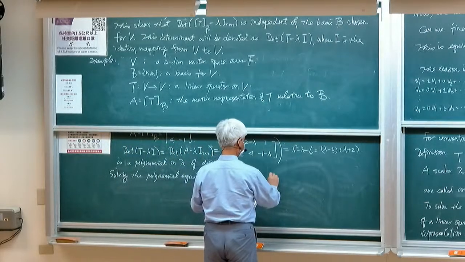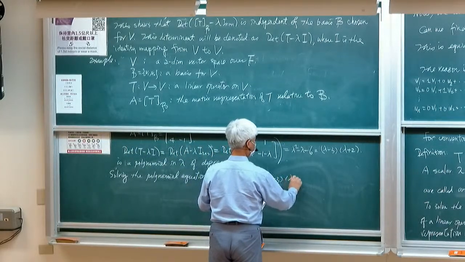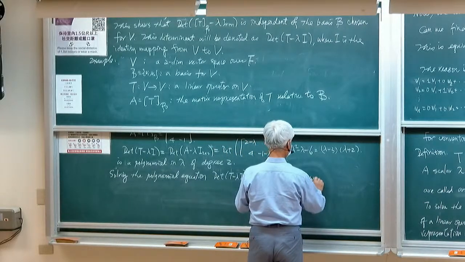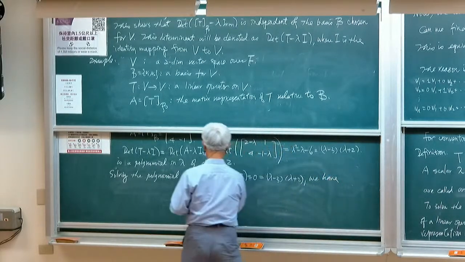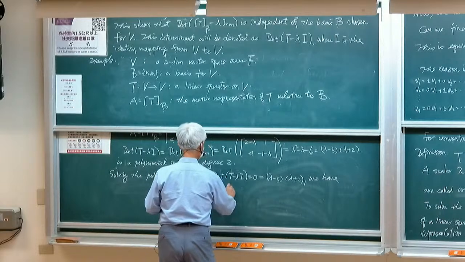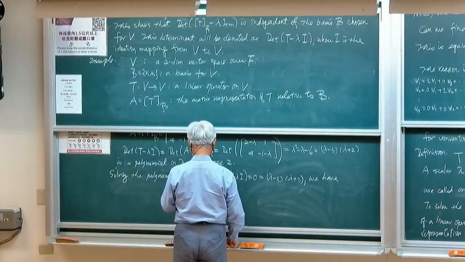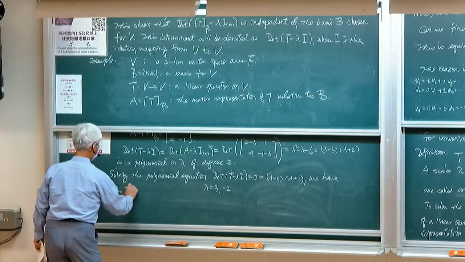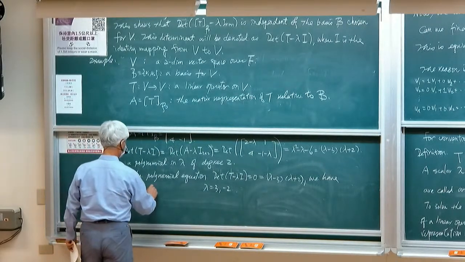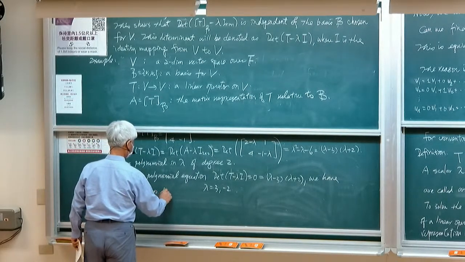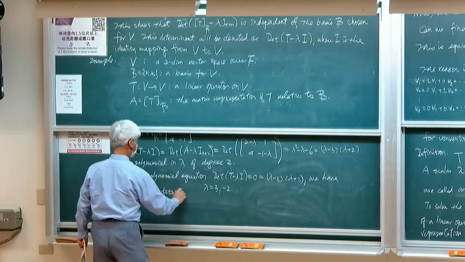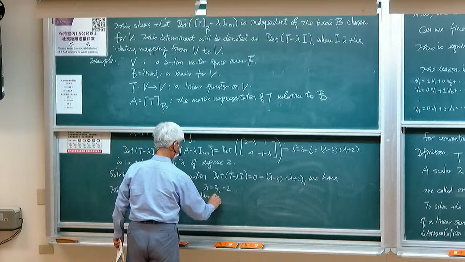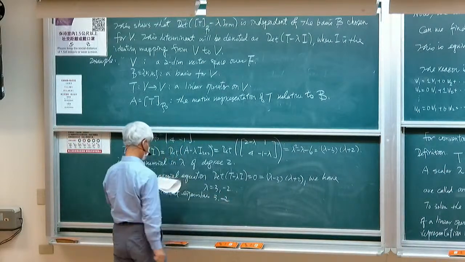So we have, so the lambda can be 3 or minus 2. Okay, so T has two distinct eigenvalues, 3 and minus 2.